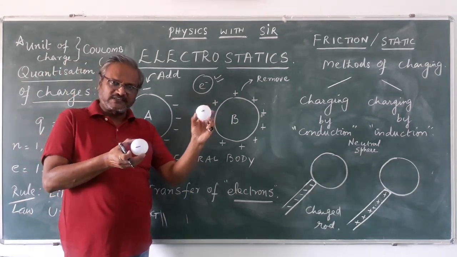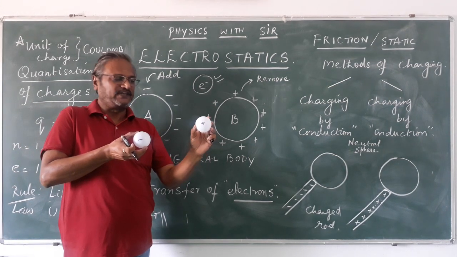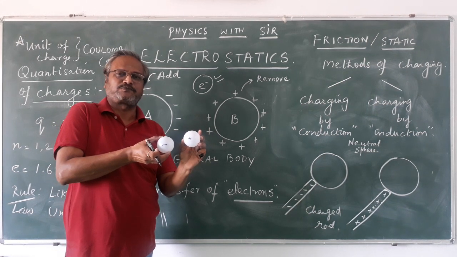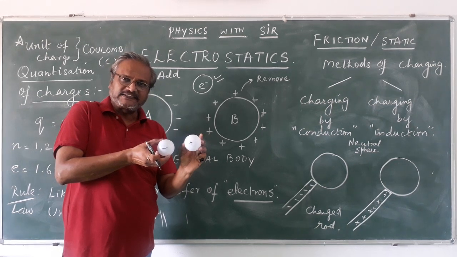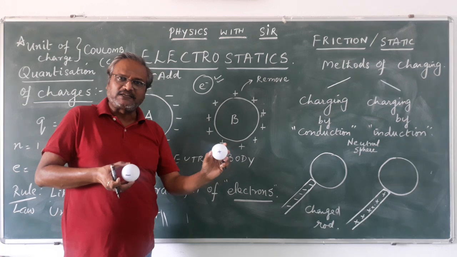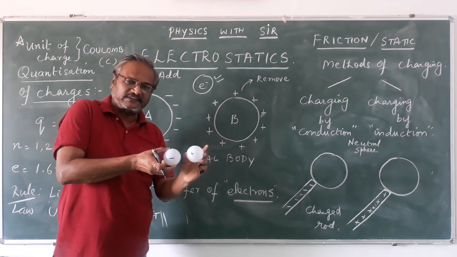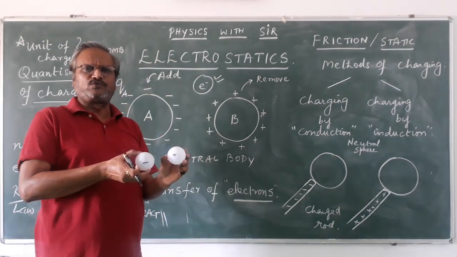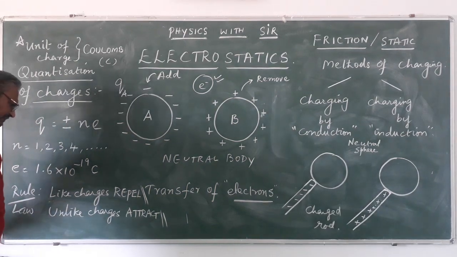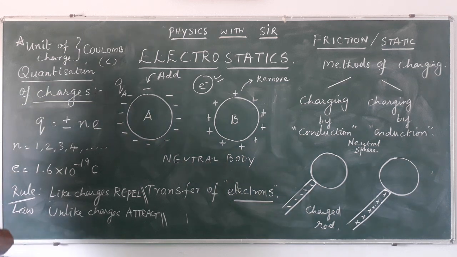A positive and a negative charge are unlike charges, so they will attract each other. These are called point charges. Two positive charges will repel, two negative charges will repel, but a positive and a negative will attract. This is one of the basic rules of electrostatics: like charges repel and unlike charges attract.